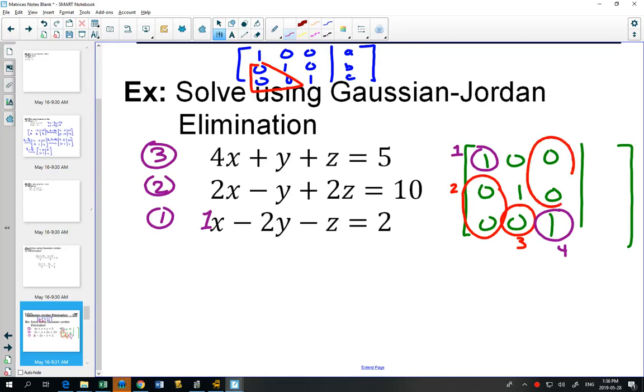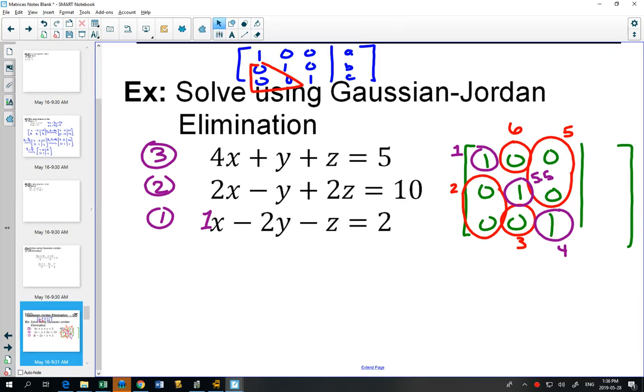We're going to want to get this column of zeros next, and then this a 0, right? You might even, once you get that column of zeros, make this a 1 at step 5.5. I don't know if you call it 6 and the last one 7, but we'll see how that works.